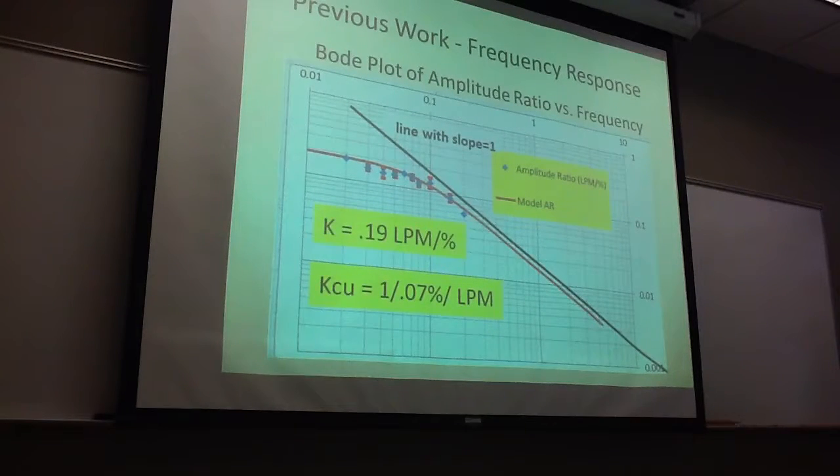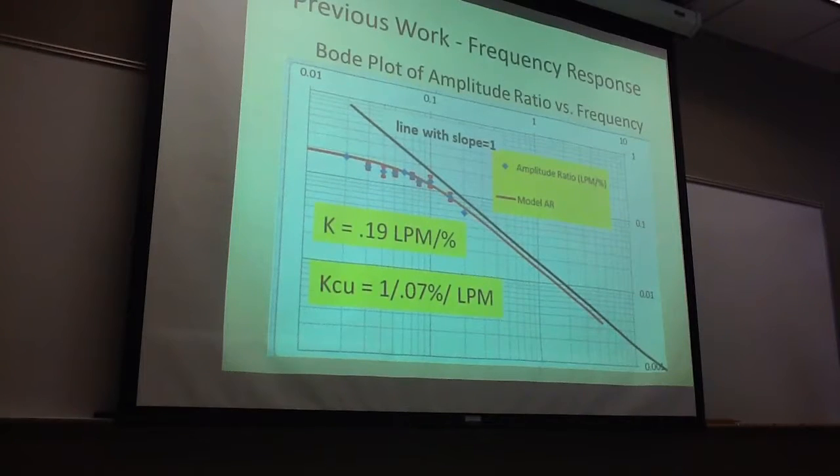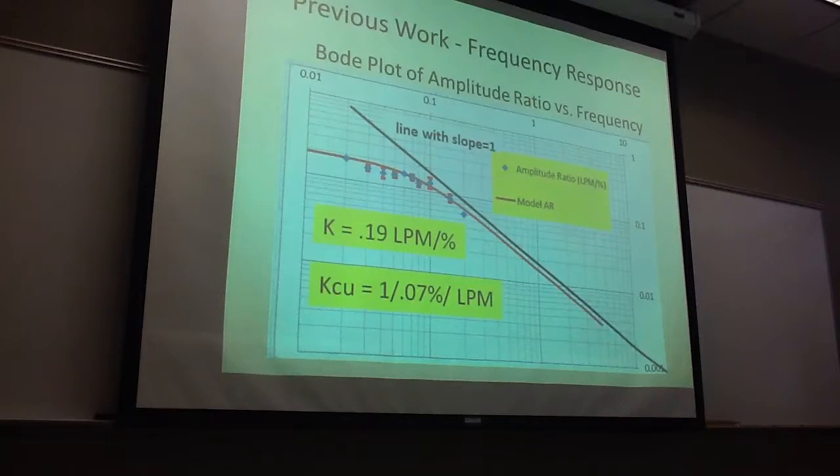On the previous work, for the frequency response, our gain was 0.19, and the ultimate gain was 135.07. On this graph, you can see the amplitude ratio from experiments and the model of the amplitude ratio.